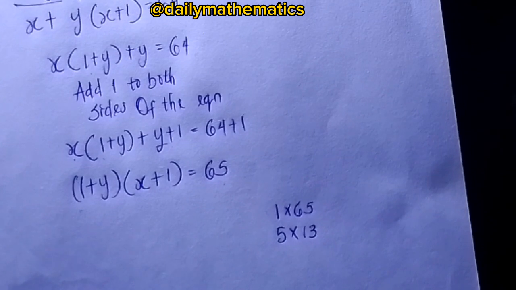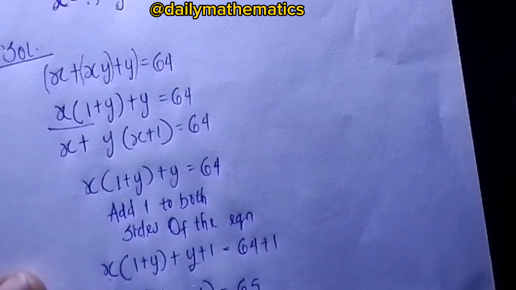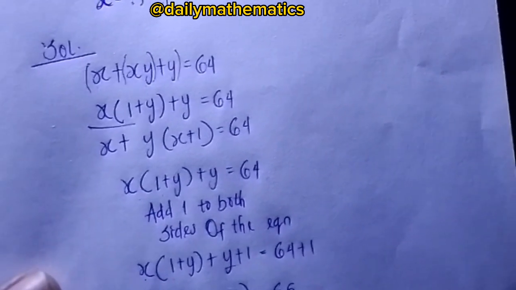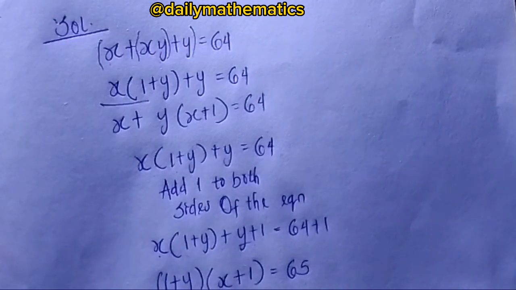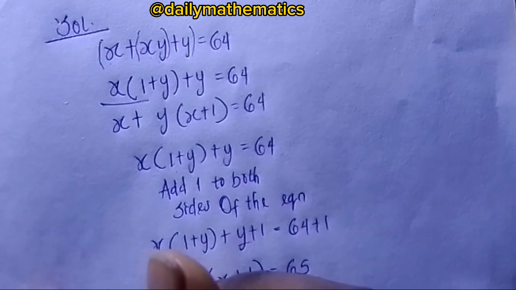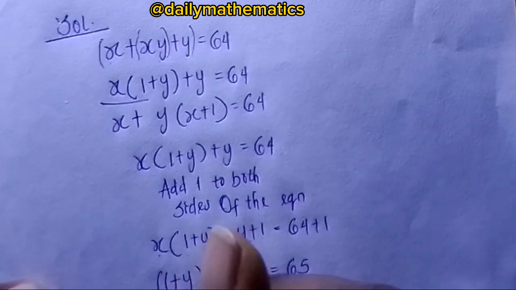Now if you look closely, the question says x and y are positive integers. As they are positive integers, they can't be less than 1. Even if they are 1, 1 plus 1 means each bracket will be greater than or equal to 2.